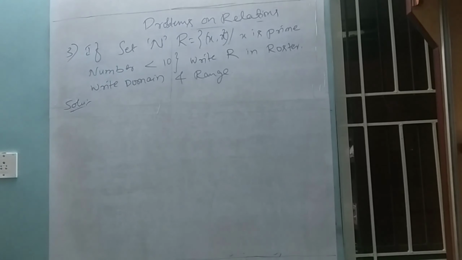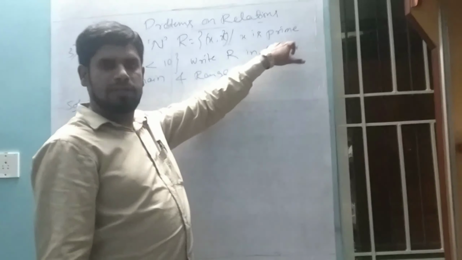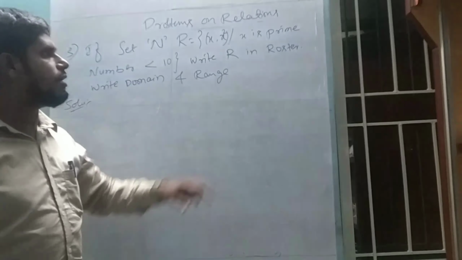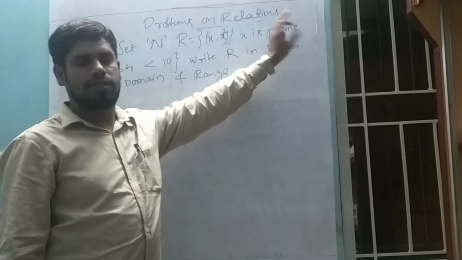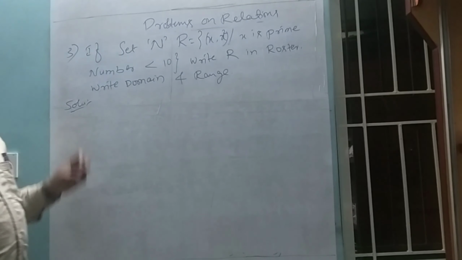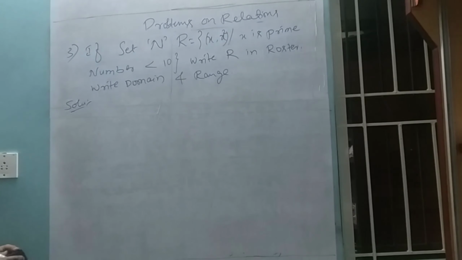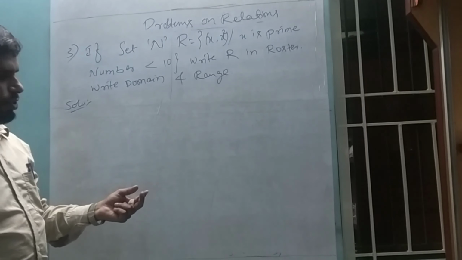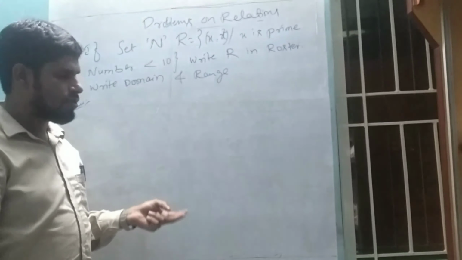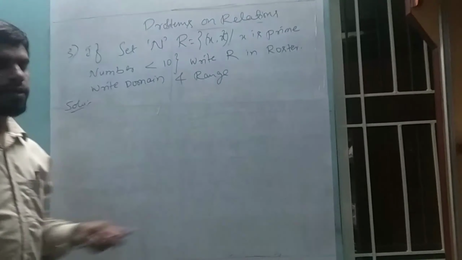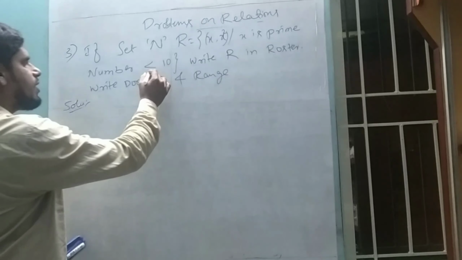Solution. We know what prime numbers are from the number system we studied in our lower classes. The numbers which are divisible by 1 and itself, that is prime numbers. So what are the numbers which are divisible by 1 and itself? That is 2, 3, 5, 7, 11, 13, etc. But in our case, we need less than 10.